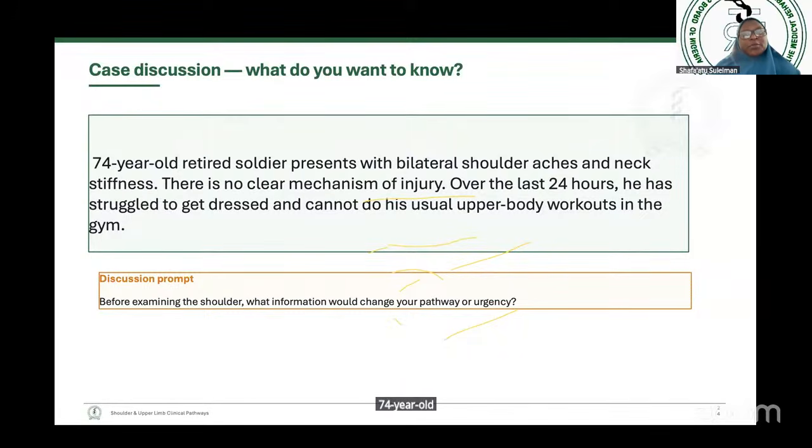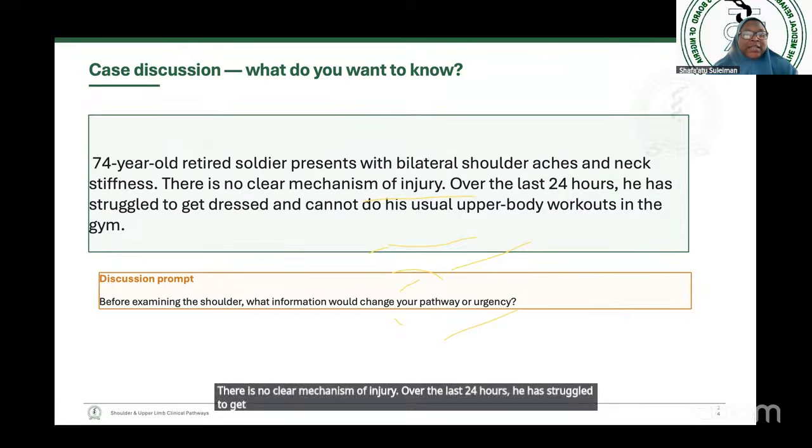A 74-year-old retired soldier presents with bilateral shoulder aches and neck stiffness. There is no clear mechanism of injury. Over the last 24 hours, he has struggled to get dressed and cannot do his usual upper body workouts in the gym. What do you want to know?